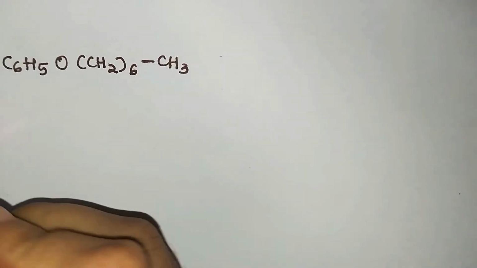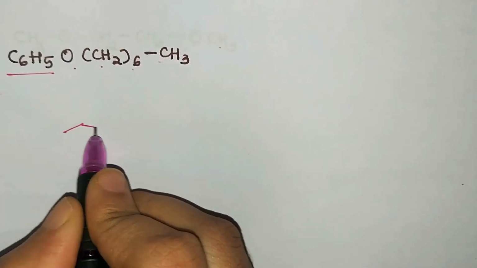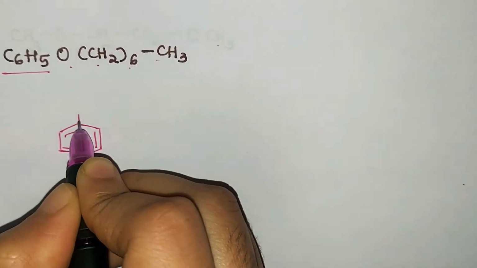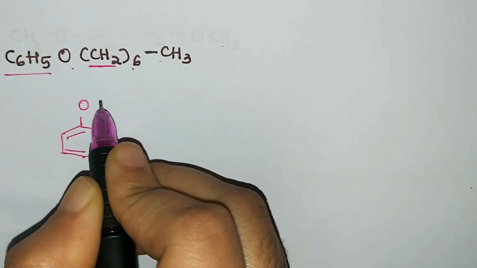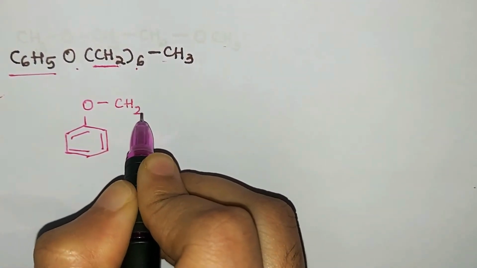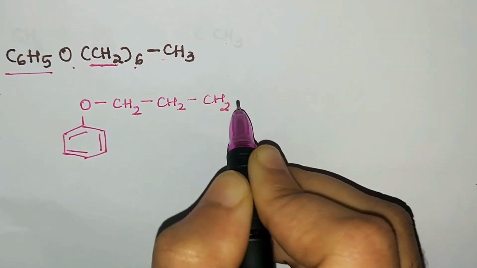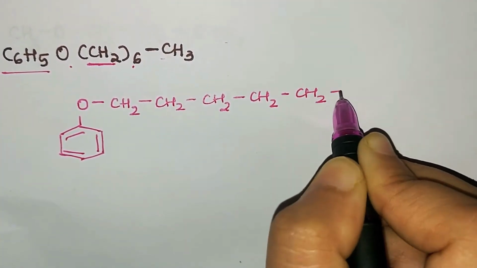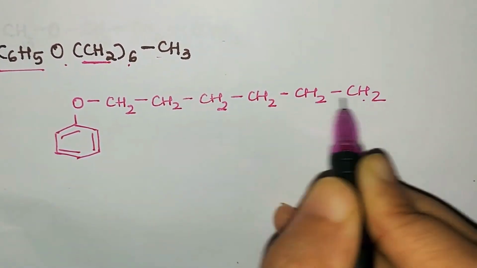Next example, you have C6H5O, CH2 six times, and CH3. We will separate it and write: C6H5 is the benzene ring, with oxygen bonded to CH2 six times, that is CH2, CH2, CH2, CH2, CH2 and CH2, bonded to CH3.